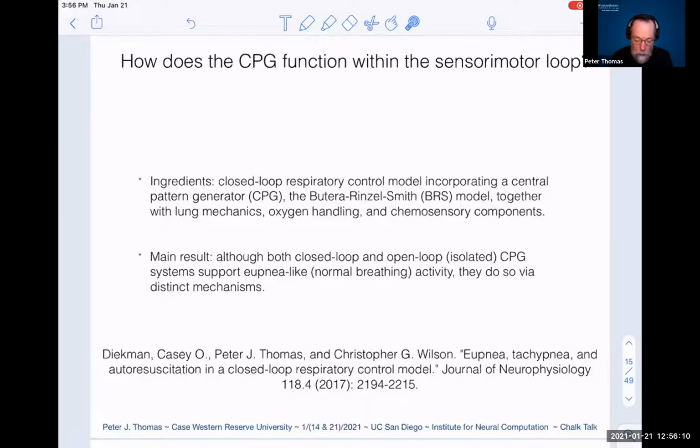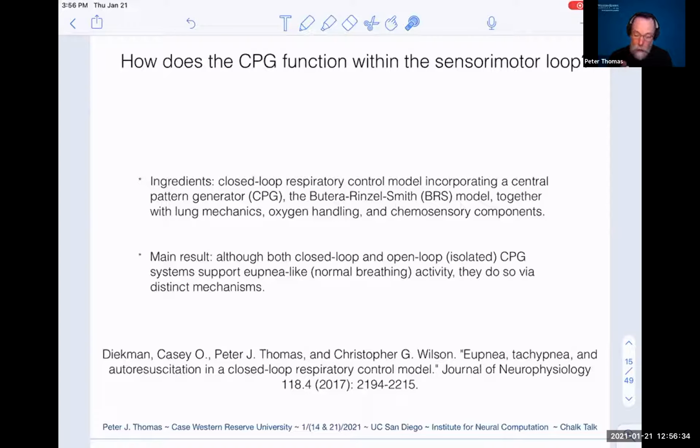And then I'll just tell you now what the main results are. So we can have an open loop model in which we just get rid of the chemosensation. We don't have the feedback loop closed. And then we see the intrinsic properties of the Butera-Rinzel-Smith central pattern generator model. And we can ask, how would the body behave if it were being driven by that without the sensory feedback?